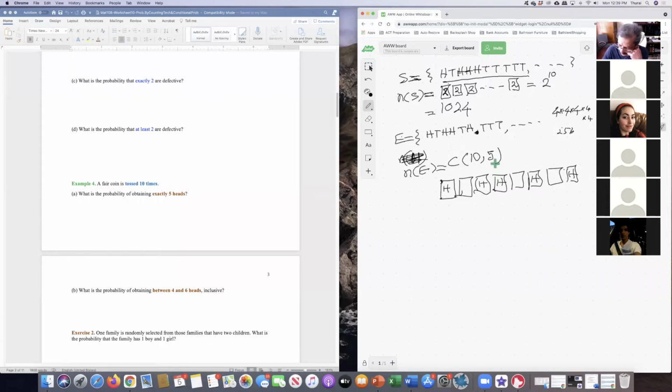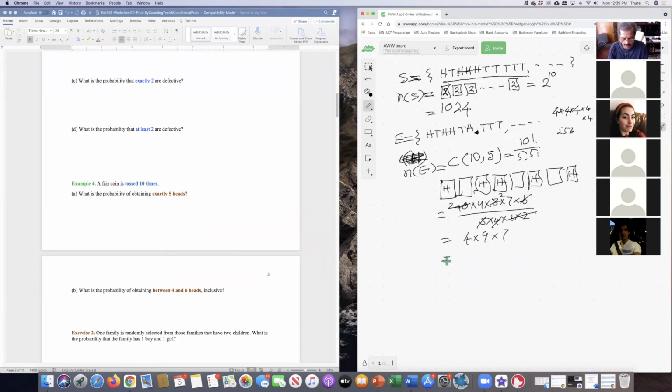So C(10,5) will simplify to 10 factorial over 5 factorial times 5 factorial, which is 10 times 9, 8, 7, 6 over 5, 4, 3, 2. 3 times 2 cancels with the 6. 5 reduces the 10 into 2. 4 reduces 8 into 2. So we have 2 times 2, 4 times 9 times 7 to multiply.